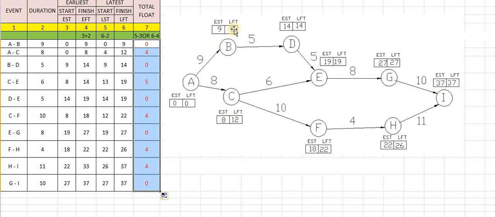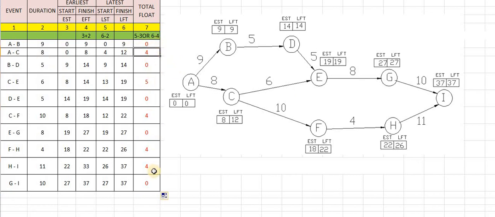So in this way we have calculated the critical path: A to B, B to D, D to E, E to G and G to I. Because the EST and LFT are the same, 0 0, 9 9, 14 14, 19 19, 27 27 and 37 37. This itself indicates the critical path, and we have checked this by the values which we have calculated.